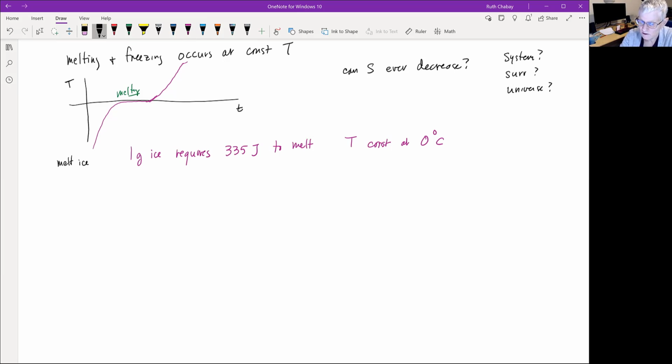So what we're going to do here is take a gram of ice and put it on top of a room temperature metal, so it's at 293 Kelvin. And we're going to calculate the change of entropy of the ice, the change of entropy of the metal, and the change of entropy of the universe in this situation.